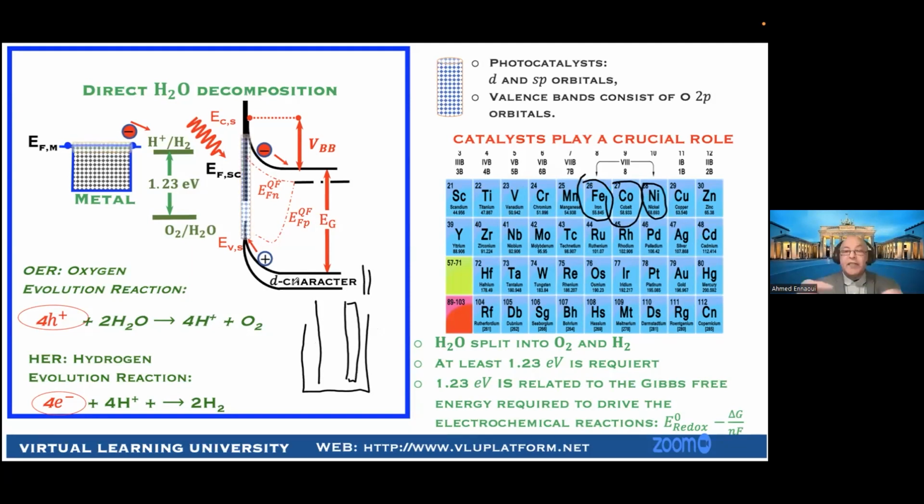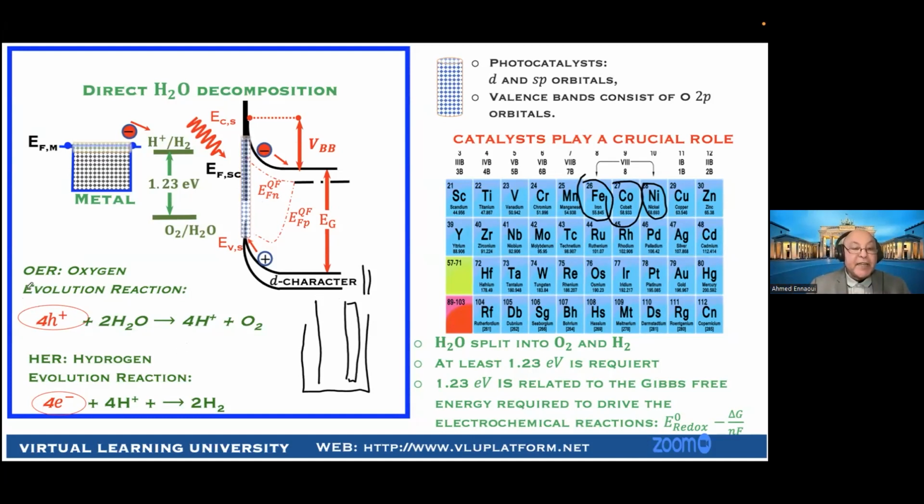When you put together oxygen with a metal like iron, for example, you can have iron oxide, and then you have a semiconductor Fe2O3, for example, which has a D character in the valence band. This is very important to notice.